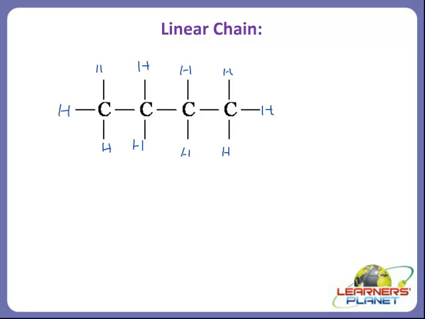Now in your books, students, you can also get a chain like this. I'll draw a different type of chain which you'll get in your books. You must have seen chains like this. In the organic books you can see chains like this. Now what does this chain indicate, students?